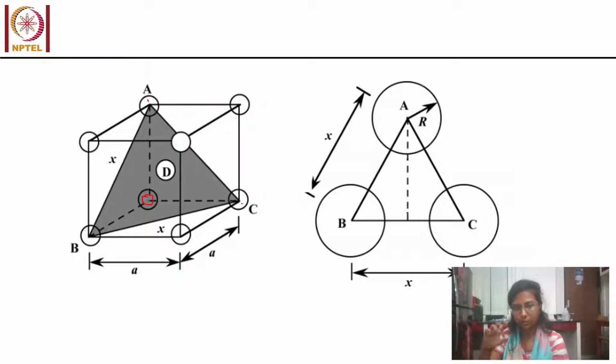Now again, although in the body-centered unit cell the atoms are spheres, we are talking about the planar density. We are talking about a plane, and hence we will talk about area. So upon simplification, we get to this point where we have a triangle. Since this is a cubic lattice, the lengths of the triangle sides are the same.